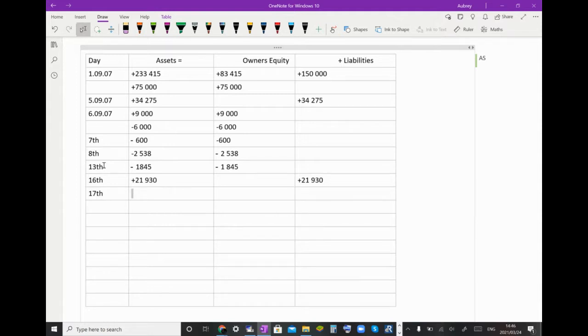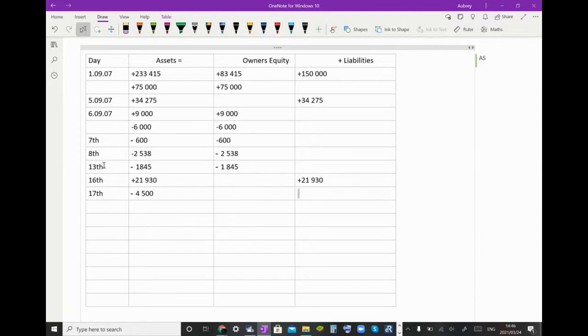What happened on the 17th? We purchased office refreshments by check. The moment you see by check, by EFT, by cash, or for cash, we know it's bank. So what's the amount there? 4,500. So this is going to be a negative 4,500.